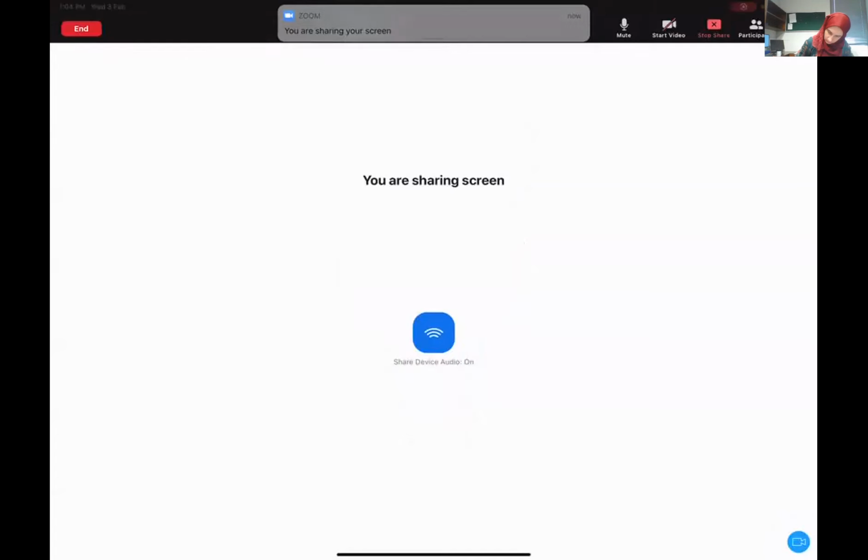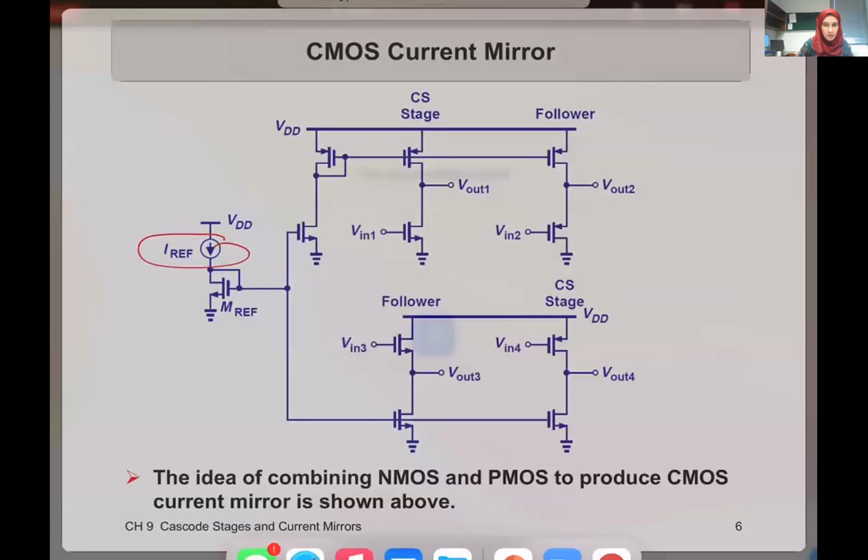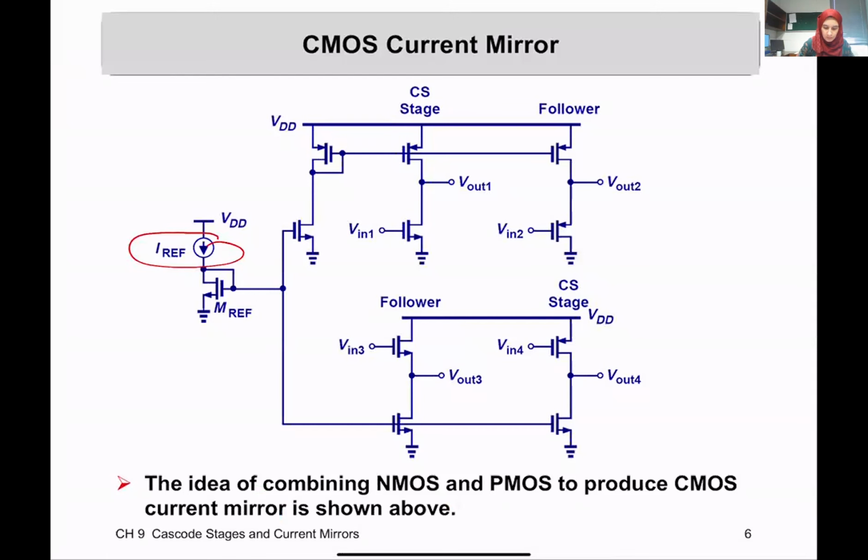Ma'am, could you please explain the last example you did? One minute. Let me share it again. This one? Yes, ma'am, the previous one.